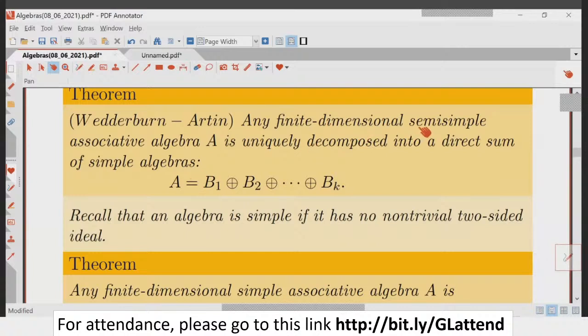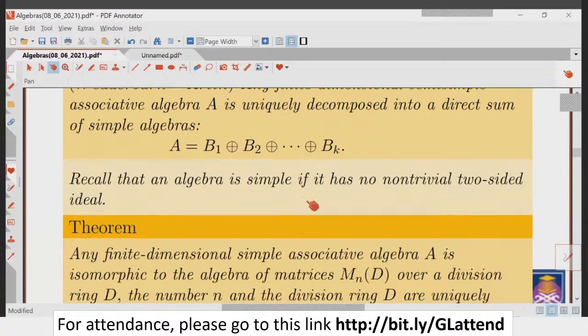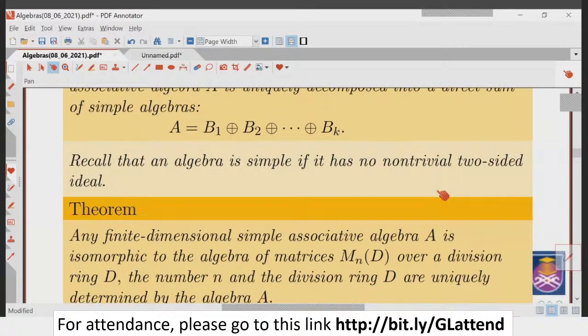What does it mean, semi-simple? If A is semi-simple, it can be written as a direct sum of simple algebras. So what is simplicity? Simplicity means it has no non-trivial two-sided ideals.